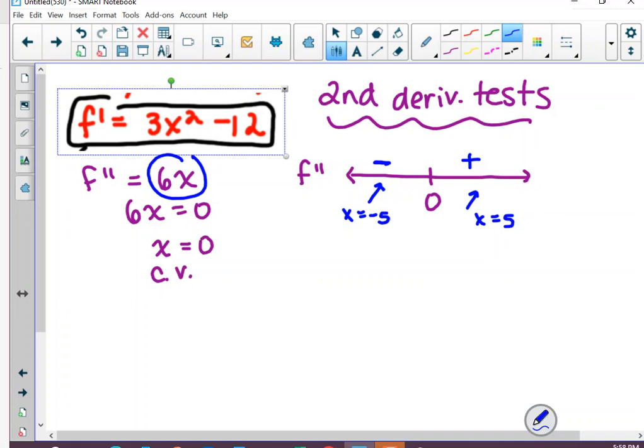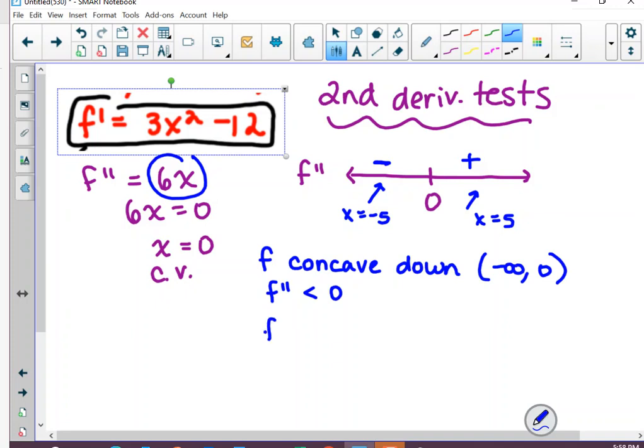Everything's in the statements. This tells me the f function is concave down on the interval from negative infinity to 0. How do I know that? Because f double prime is negative. I know that the f function is concave up from 0 to infinity because f double prime is positive.